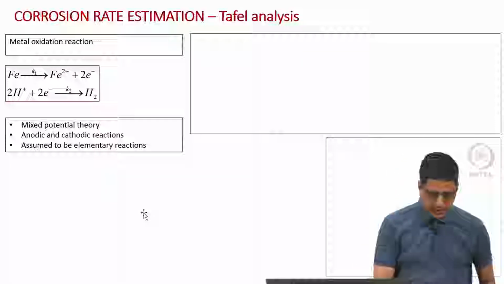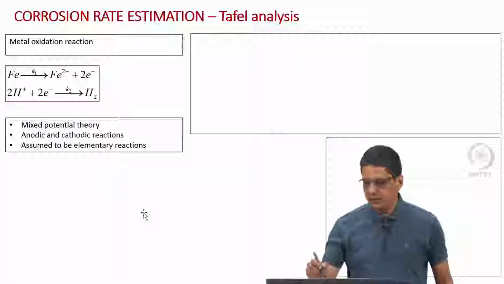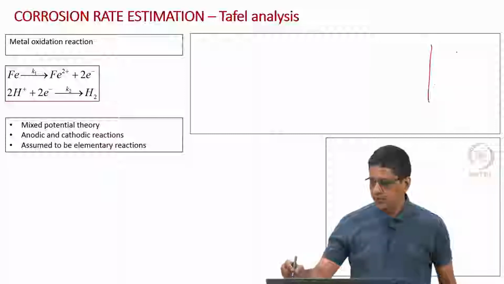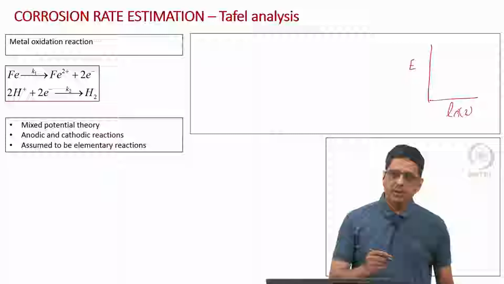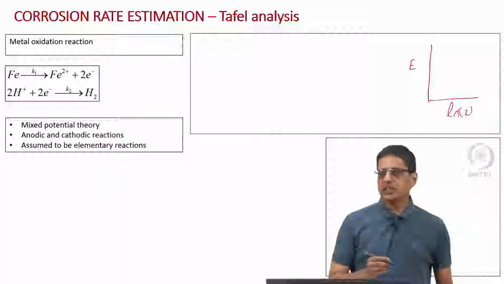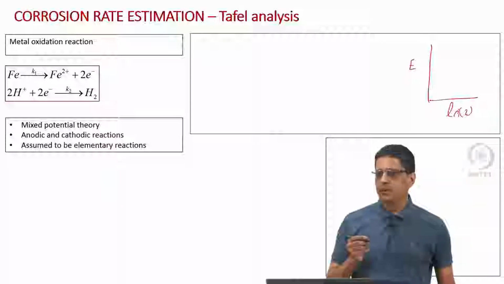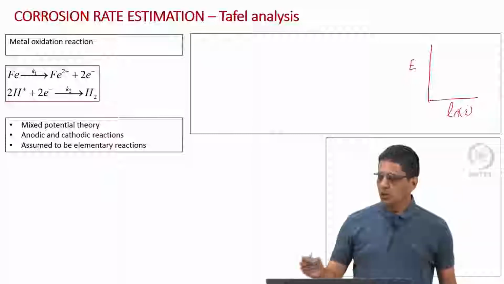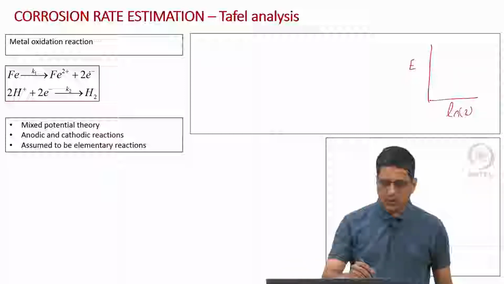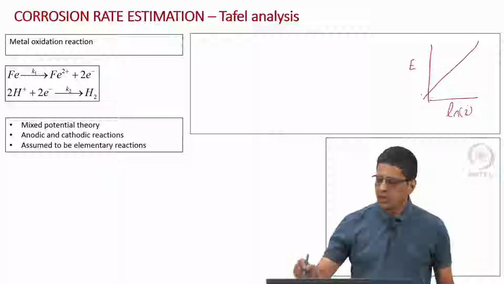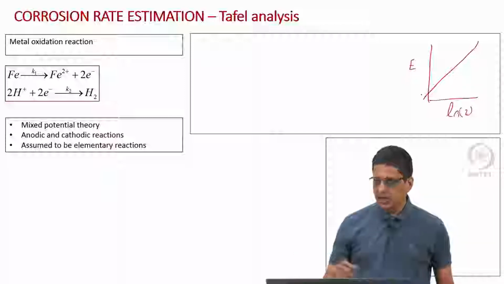And this is described by what is called mixed potential theory, where assume this is potential, this is the log of current. If it is an elementary reaction for fixed concentration, we expect that current is proportional to the exponential of the potential, so log current will be proportional to the potential. If I take only the anodic reaction, it would be a straight line in this semi-log plot.